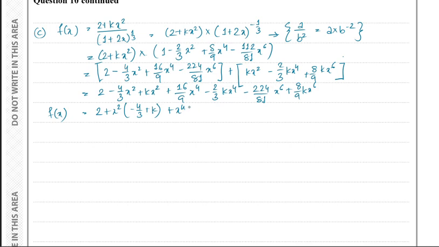Plus, the coefficient of x to the power 4 is 16 by 9 minus 2 by 3 k. And plus, the coefficient of x to the power 6 is minus 224 by 81 plus 8 by 9 k. So that is it for part C.